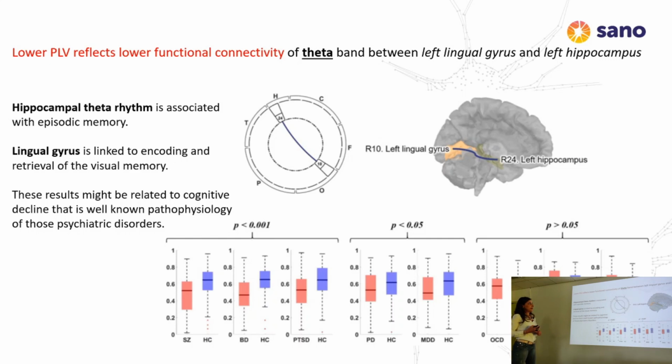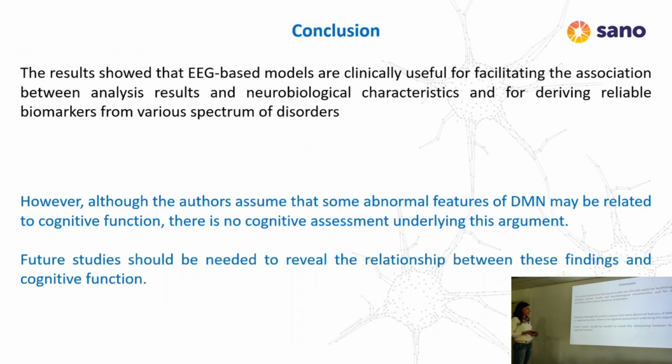Only in the theta band, between the lingual gyrus and the left hippocampus, lower connectivity was shown, significant only for the schizophrenia, bipolar, and post-traumatic stress disorder groups, but also to a lesser extent for panic disorders and major depressive disorders. And also the results might be related to cognitive decline that is a well-known pathophysiology of those psychiatric disorders.